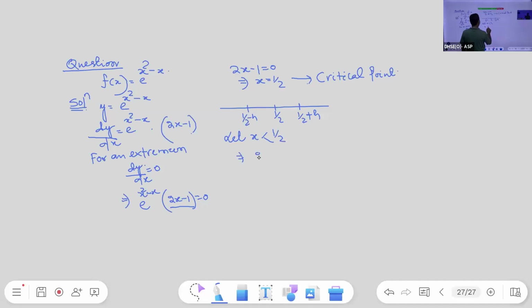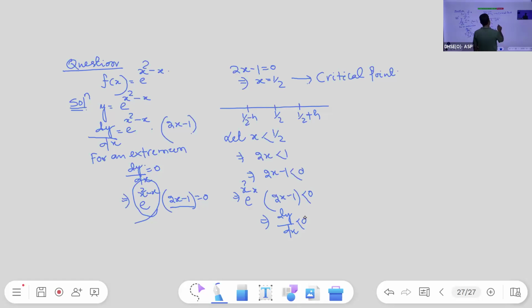This implies 2x less than 1, so 2x minus 1 less than 0. And you know e to the power x square minus x is always positive. So e raised to the power x square minus x into 2x minus 1 is less than 0. This implies dy upon dx is less than 0.